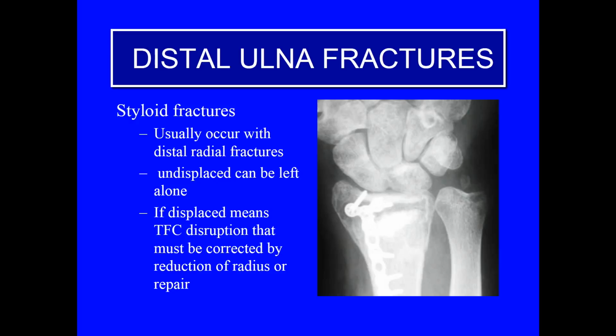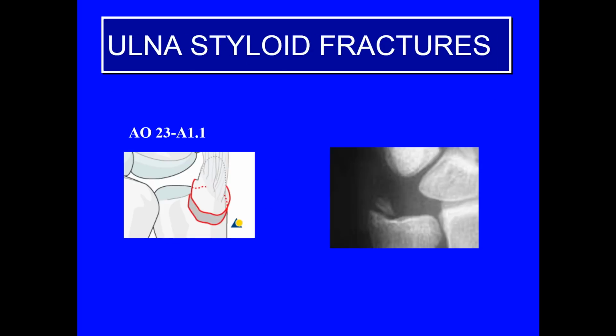If you have that situation, you need to look at your reduction of the fracture, and if the fracture is well reduced, then you need to fix the TFC at the time of surgery. And again, you need to assess the stability, dorsal and volar, of the distal ulna.